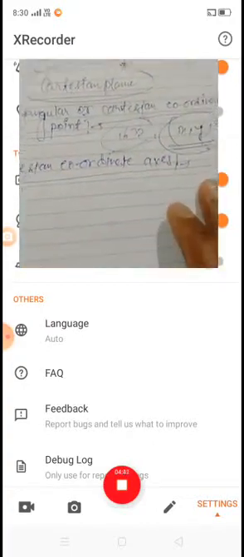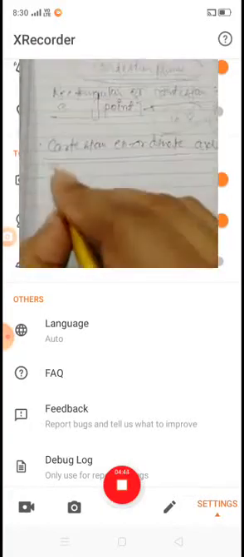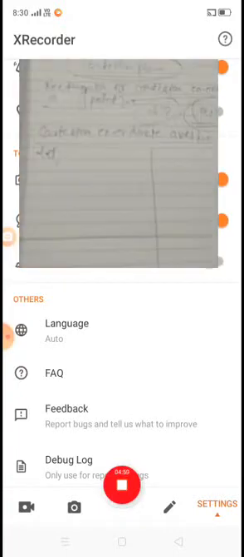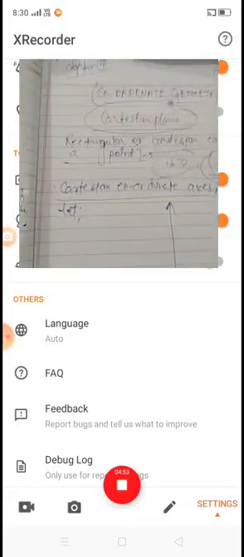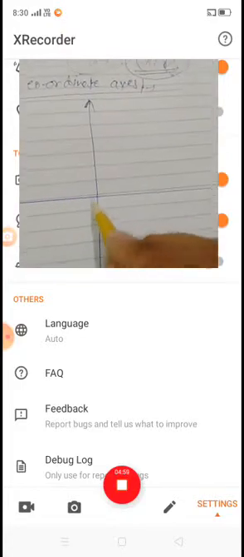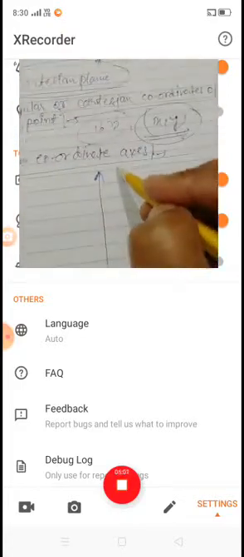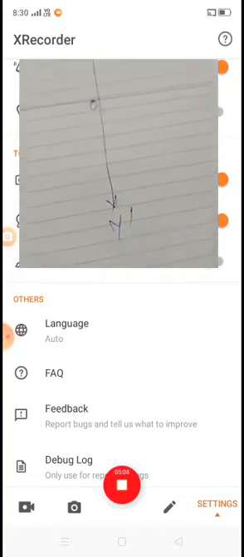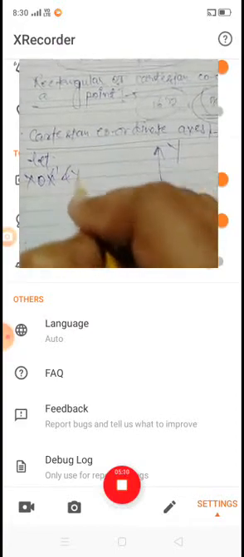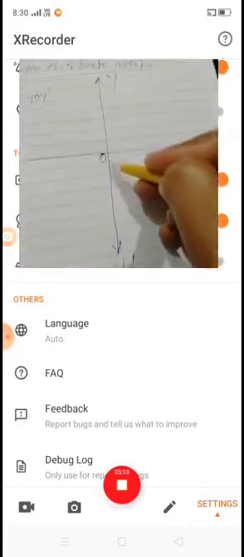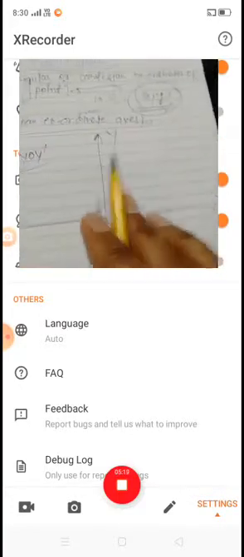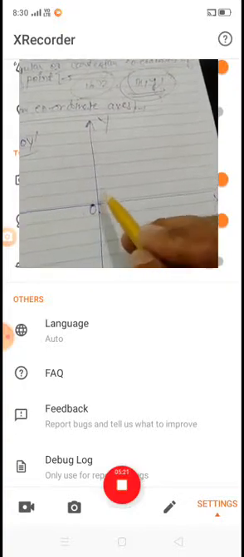Let XOX dash and YOY dash be two mutually perpendicular lines.